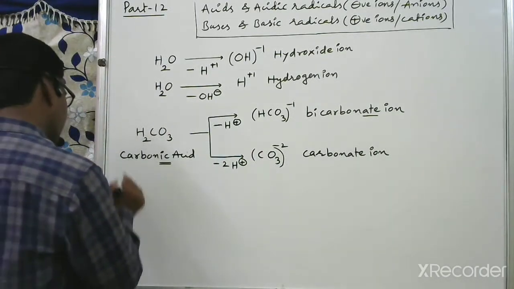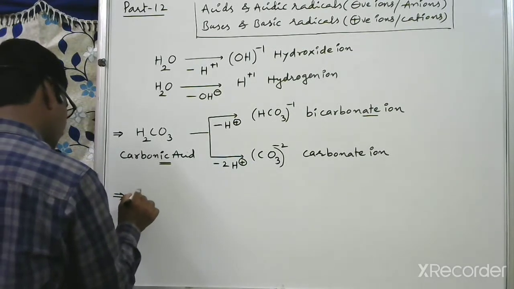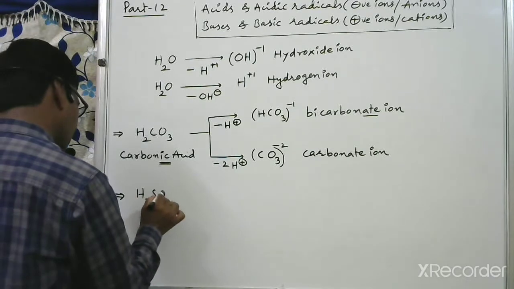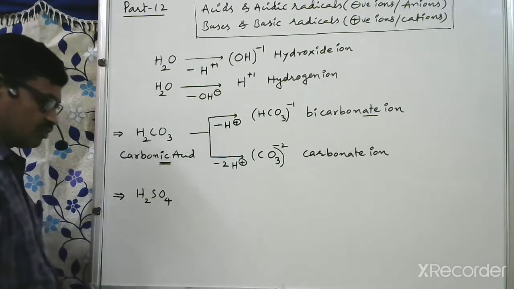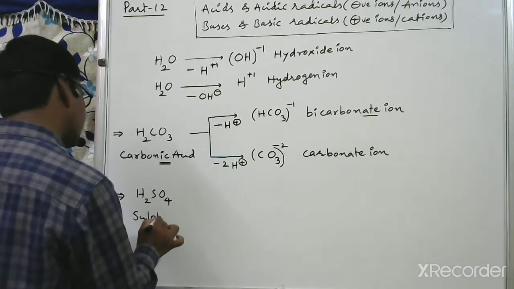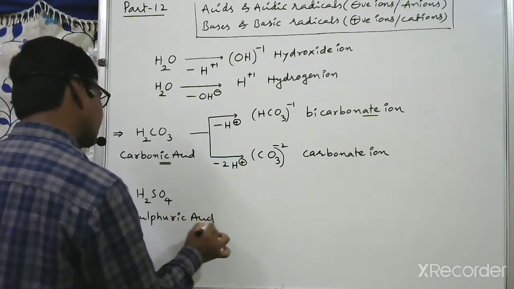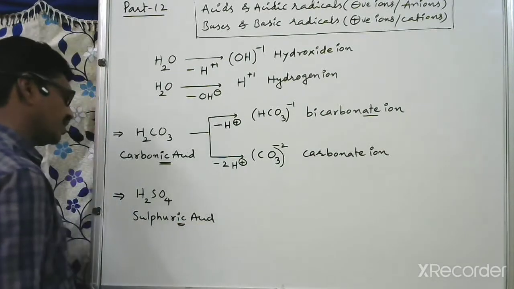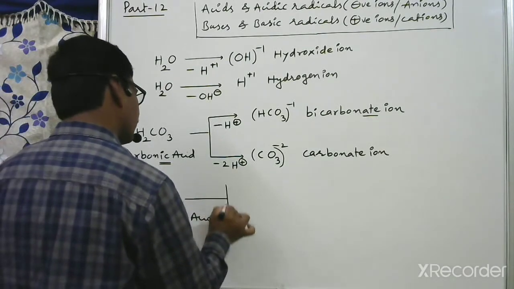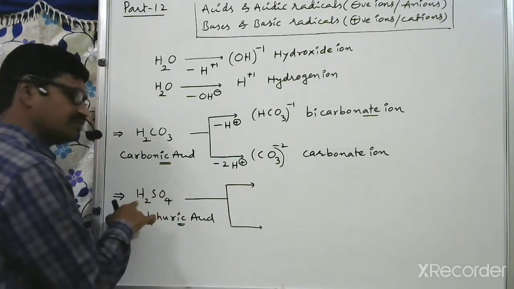Similarly, one more example I am taking here. It is H2SO4. What is the name of this compound? It is sulfuric acid. Here also it is an ic acid. From this also we can remove two hydrogens because there are two hydrogens maximum.